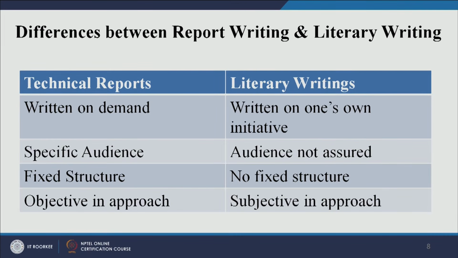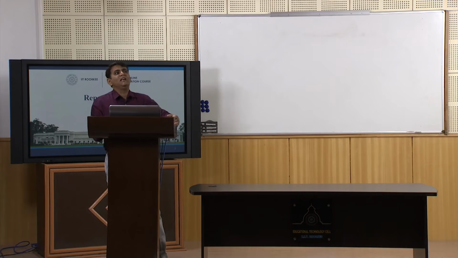So a report is written in response to a demand, but a literary writing is written on one's own initiative. You get up in the morning and you see beautiful blue clouds, maybe they are going to bring rains. This makes you feel literary and you feel like writing, but this is not the case with report writing.